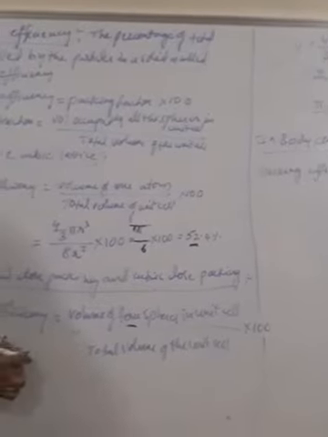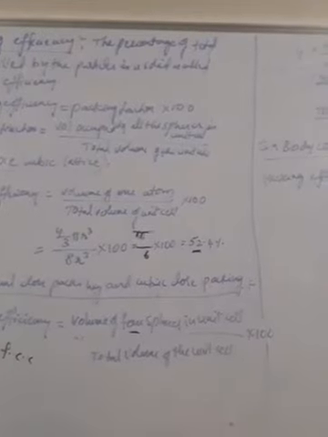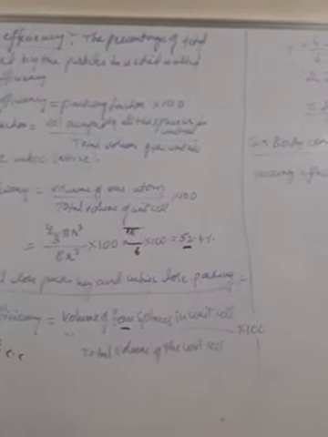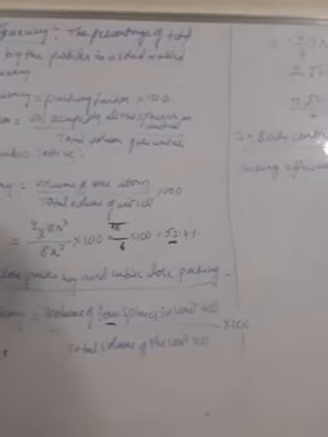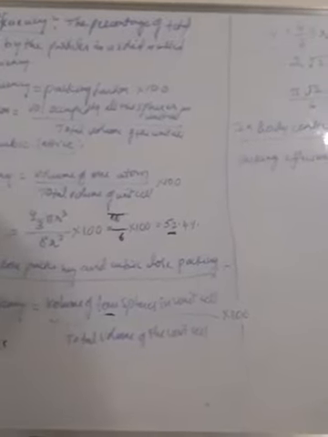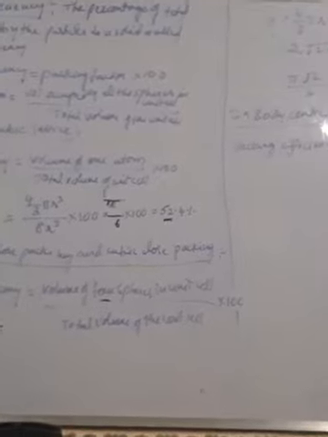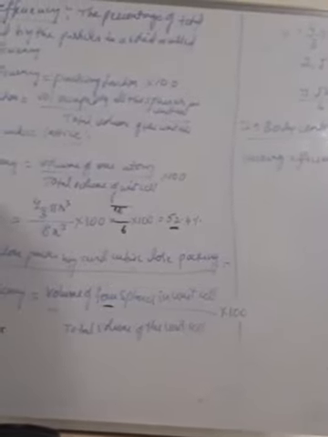In an FCC unit cell, 8 corner points along with 6 face centered points are there. Out of 8 corner points, only 1 corner point belongs to that FCC unit cell, because each corner point is shared by 8 unit cells and 1 by 8 part of it belongs to that particular unit cell.